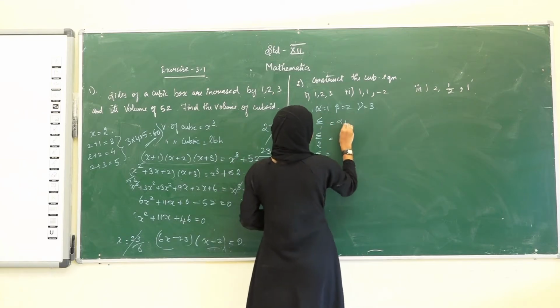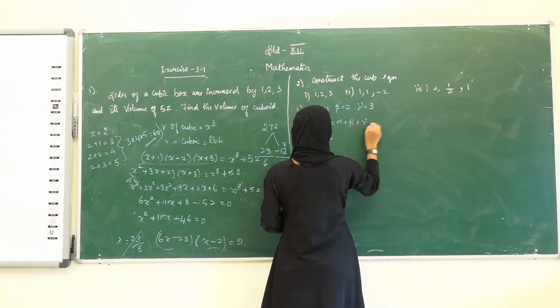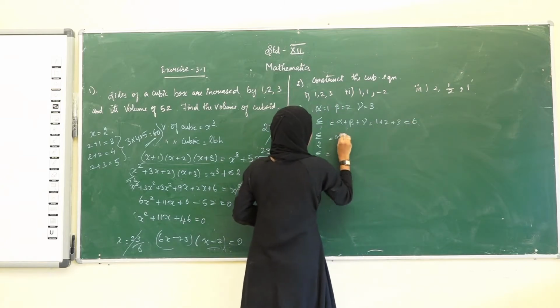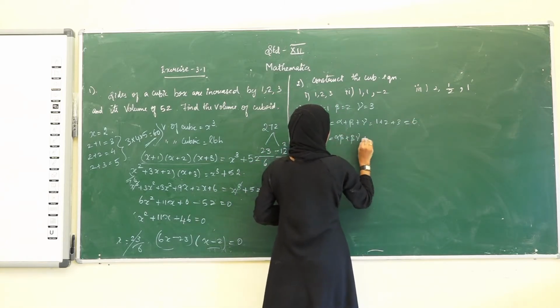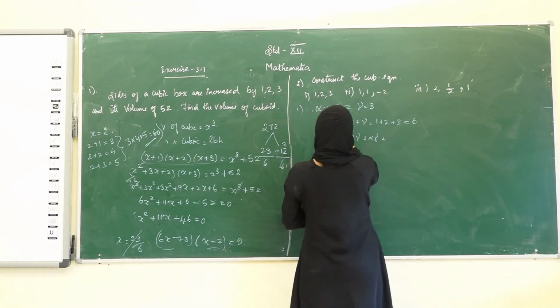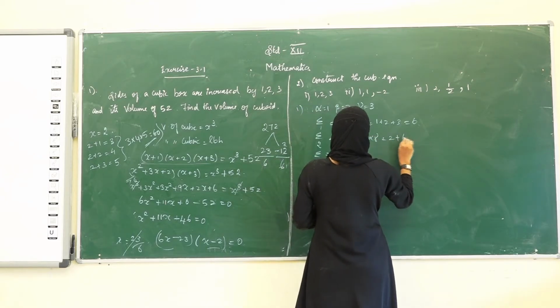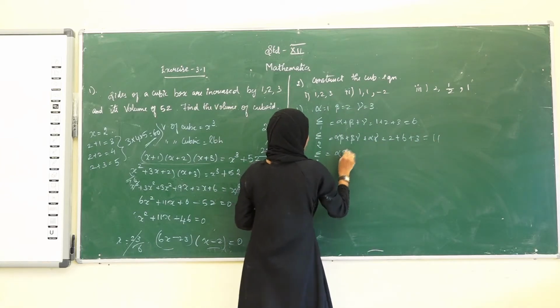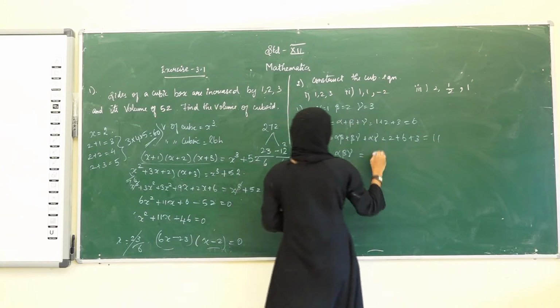First is alpha plus beta plus gamma, that is 1 plus 2 plus 3 is equal to 6, and second is alpha beta plus beta gamma plus alpha gamma. What we get is 2 plus 6 plus 3, so here 11, and the third one is alpha beta gamma. What we get is 6.